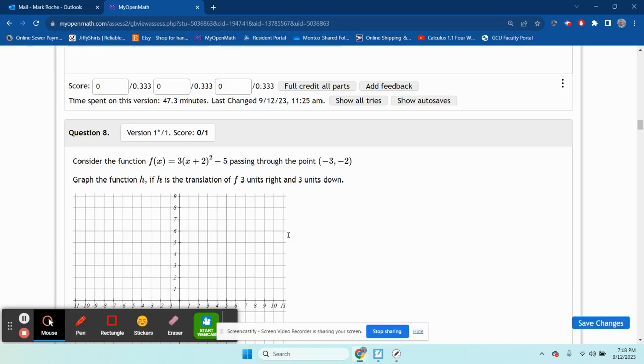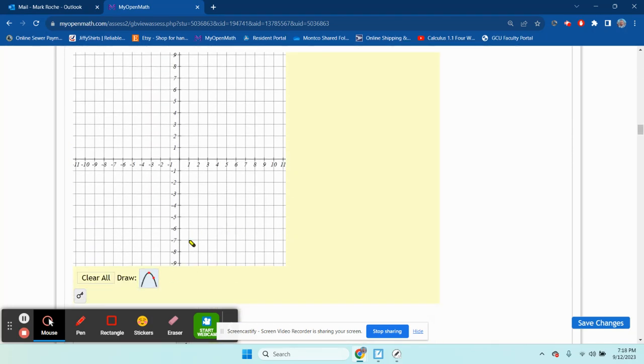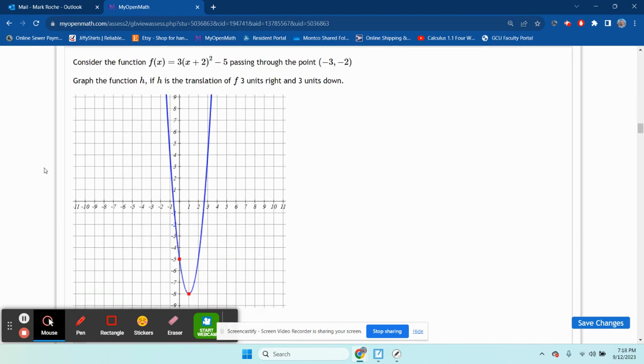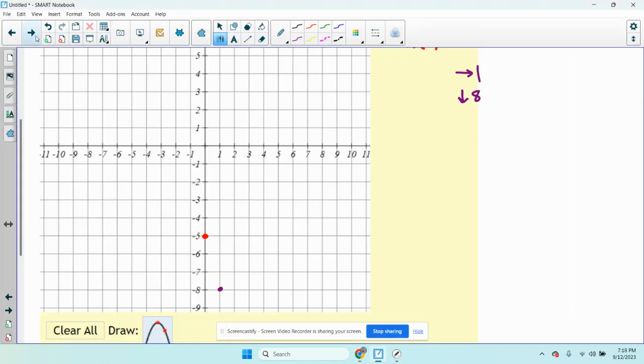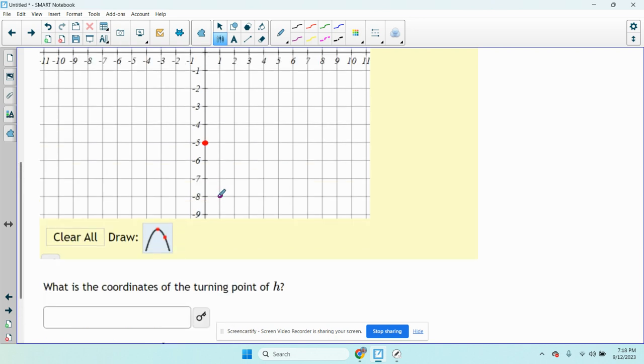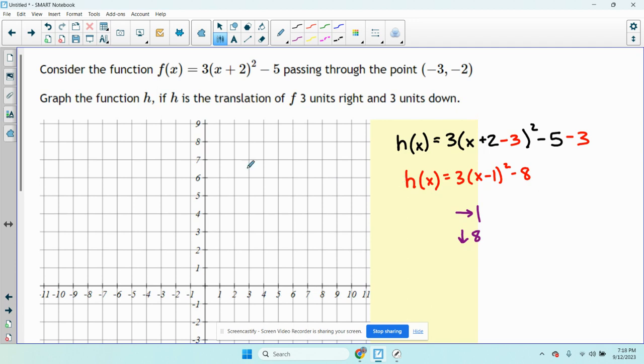Let me see if I can find that graph. Yep. So if I start at 1, -8, and go to 0, -5, there should be my graph. Just like that. And then the coordinate of the turning point now is 1, -8. And the equation of h we have given up here, right there.